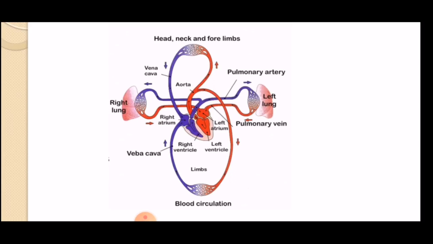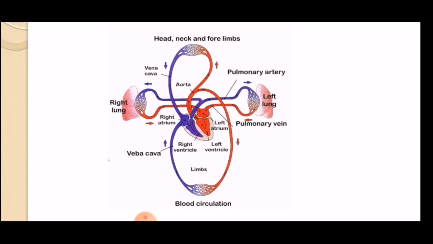We said that veins carry blood rich with carbon dioxide, deoxygenated blood, from all the body parts to the right atrium through the superior and inferior vena cava.